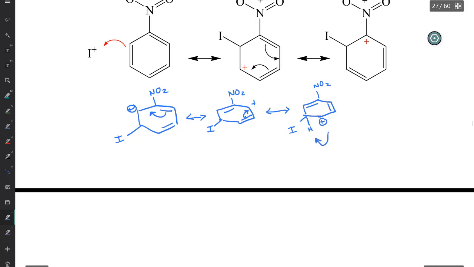And again, you can complete the reaction with the base, closing up, returning back to resonance. So these are resonance contributors. These ones are more stable than the ones that are shown above. Okay.